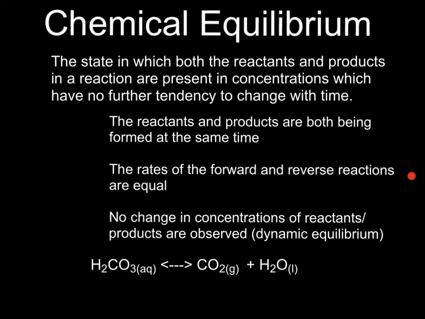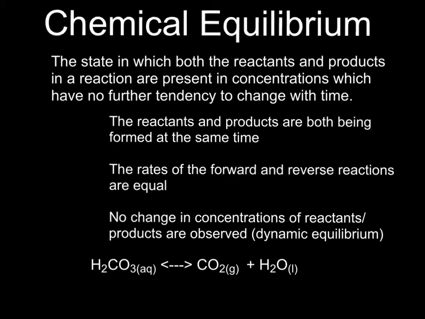This is extremely important. The amounts are not necessarily the same because the concentrations can be different, but the rate of production is the same. There is no overall change in the concentration of our reactants or products.